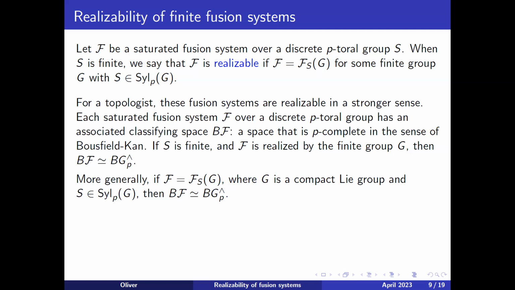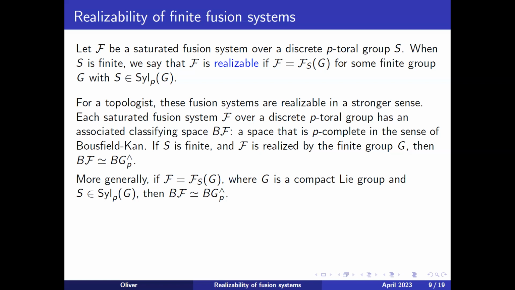I mean, that's one or more talks in itself. I can say that there are a few different ways of defining the classifying space of a fusion system over a finite p-group or discrete p-toral group. One way is as the nerve, or p-completed nerve, of a certain associated category.